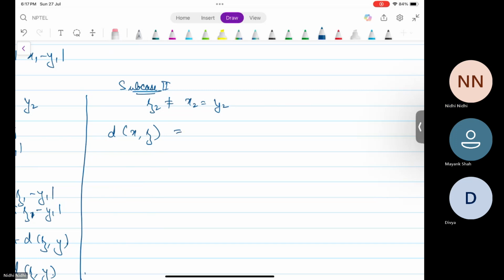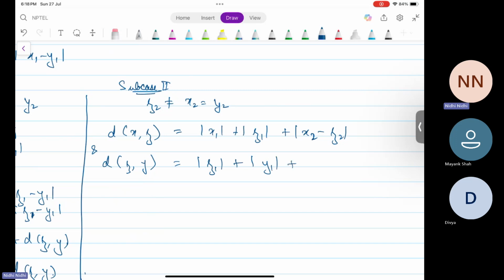In this case, we have dxz is equal to mod x1 plus mod z1 plus mod x2 minus z2, and dzy is equal to mod z1 plus mod y1 plus mod z2 minus y2.